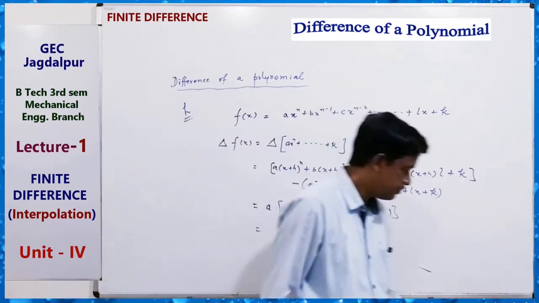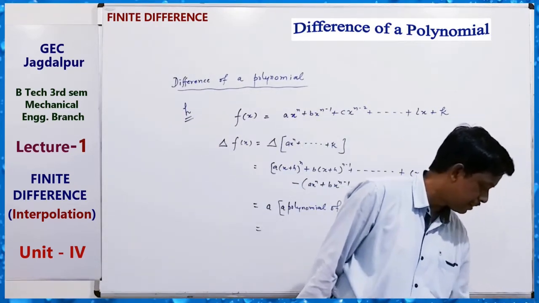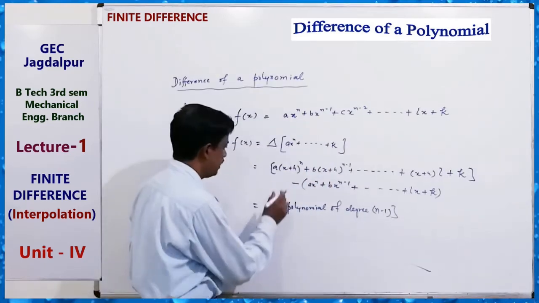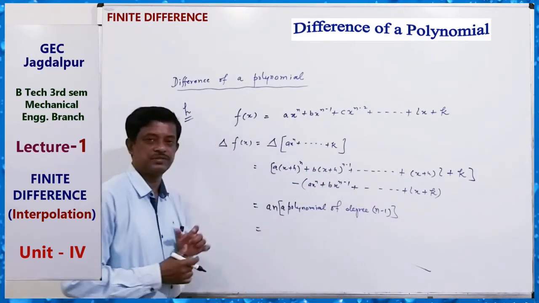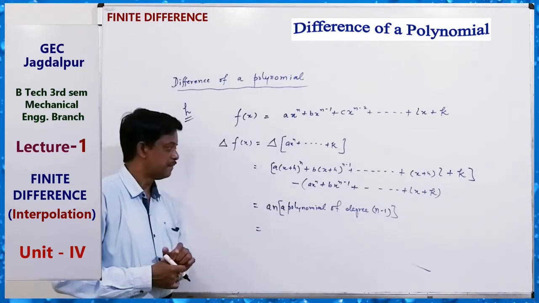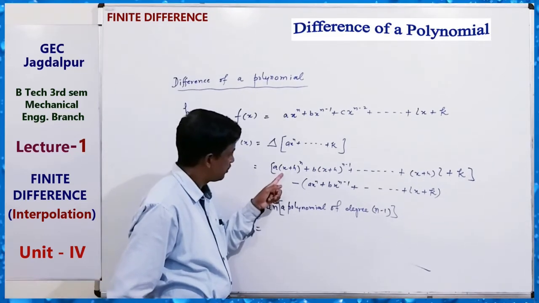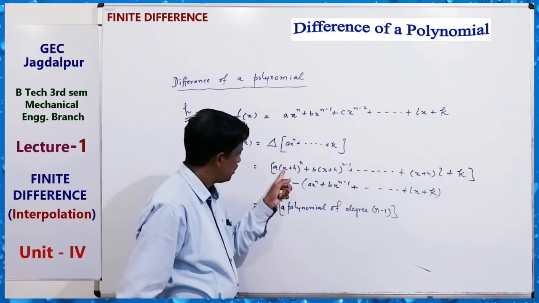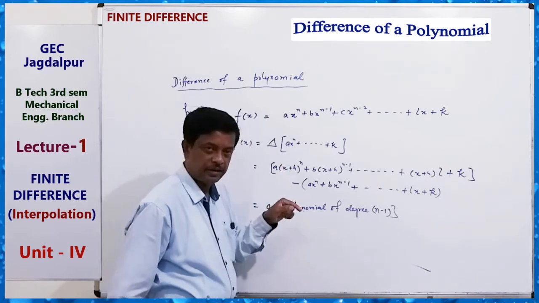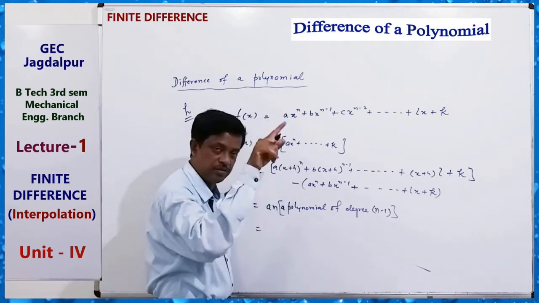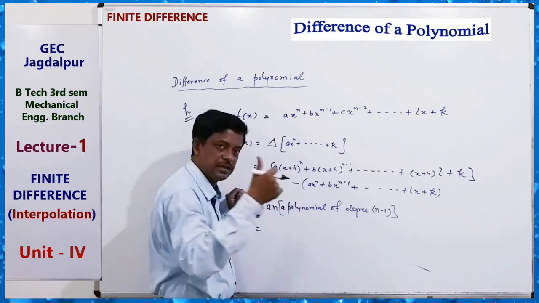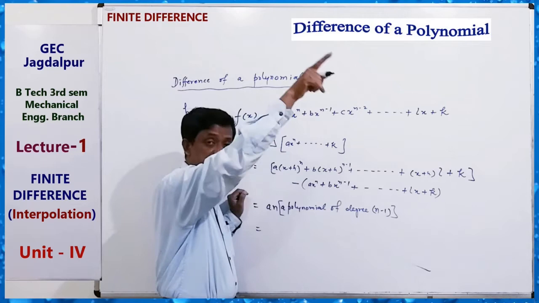We get it like this, n a. Also here n comes, why? Because x to the power n plus nC0, nC1, binomial expansion. nC1 means n x to the power n minus 1.